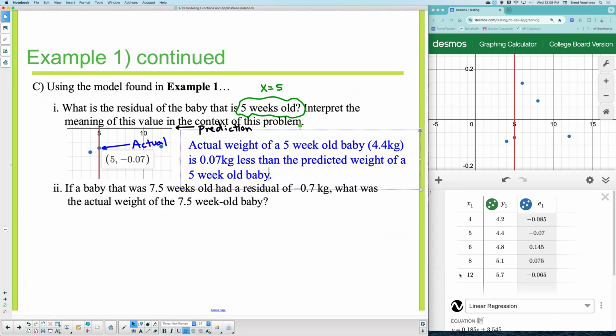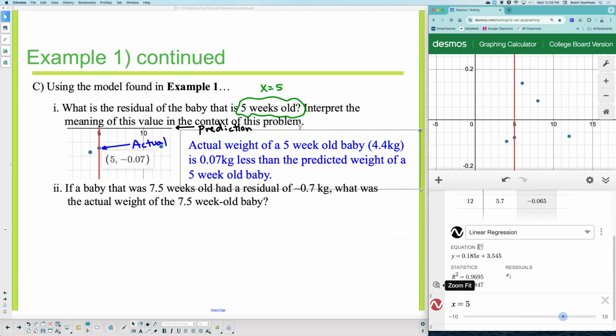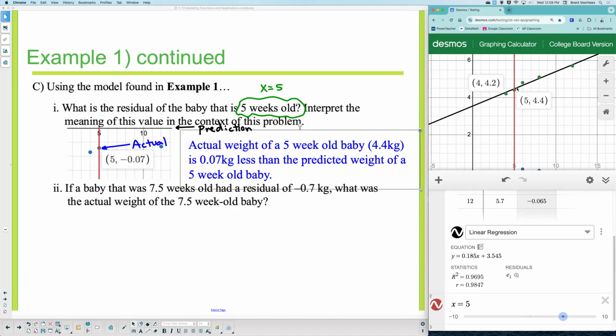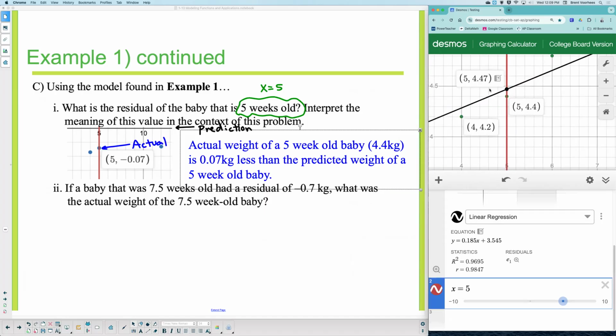If you're not sure, zoom back out on the real line. I'm going to go back to zoom fit. I'm going to zoom fit this one. Sorry, I can't tell which one I'm hitting here. There it is. You see how it's predicting at 4.47? Why am I getting 4.47? What's off here?